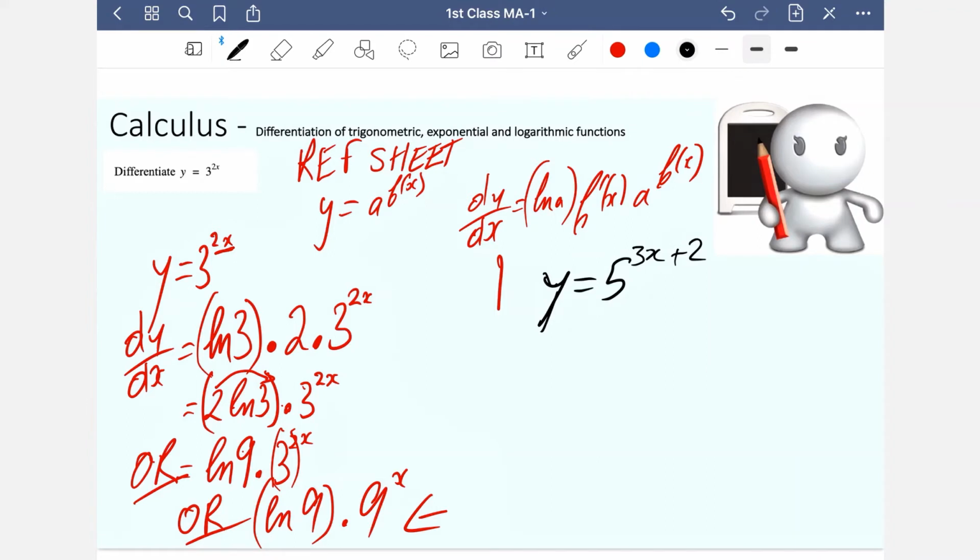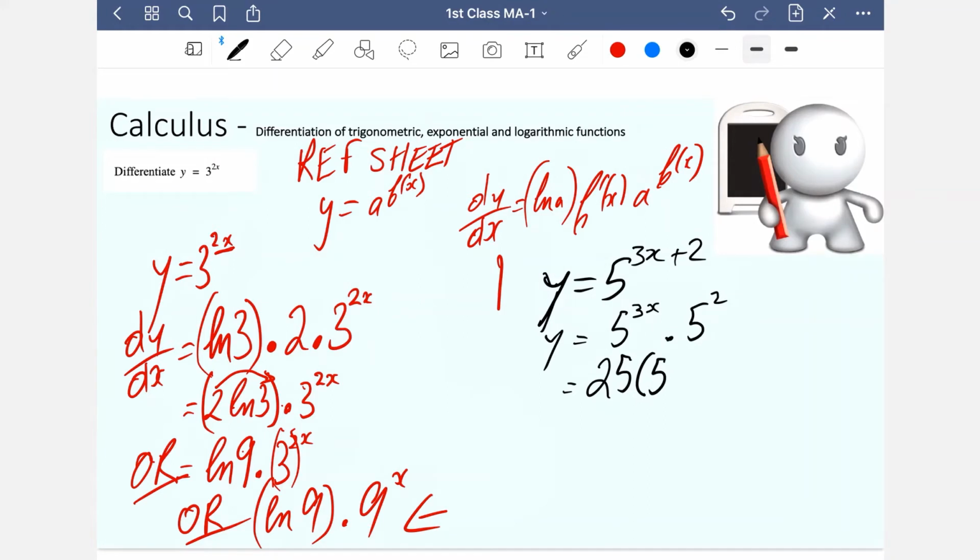Okay. Now this is really 5 to the power of 3x multiplied by 5 squared, which is 25.